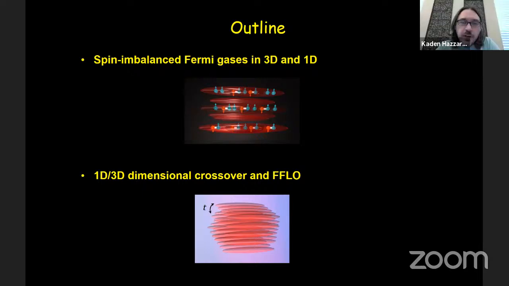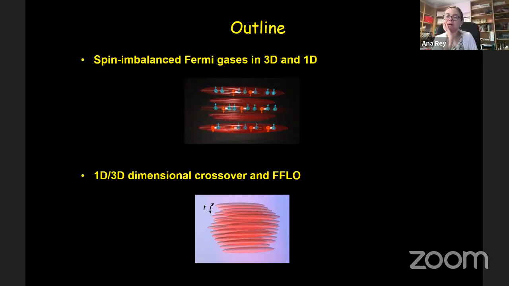Has anyone done 2D pancakes, like a 1D lattice? No, not that I'm aware of in terms of spin imbalance. How about Michael Cole? He has 2D, I think, and 2D spin imbalance.